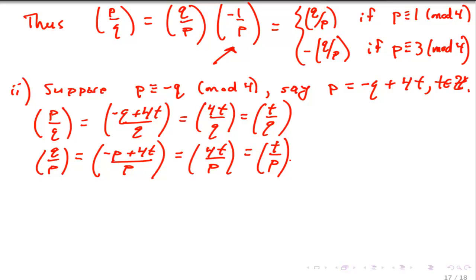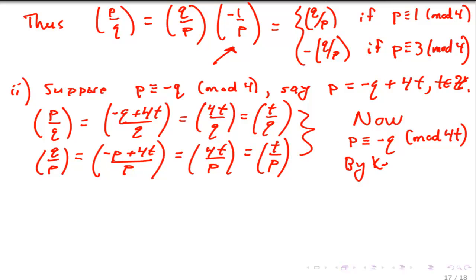And again, relying on the key lemma, now P is congruent to minus Q mod 4T. So by the key lemma, these two quantities are the same.